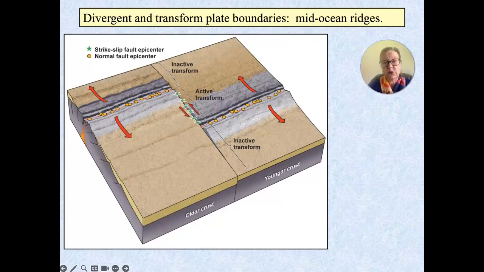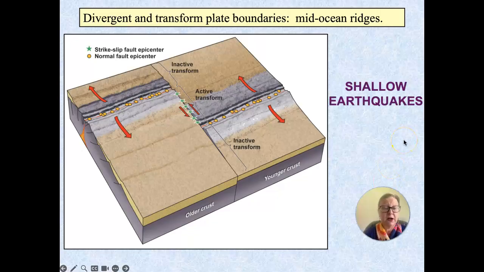So let's look at these earthquakes in terms of how deep they are. This is a divergent plate boundary, a mid-ocean ridge. Remember that earthquakes only occur in lithosphere, and in divergent plate boundaries, the asthenosphere is very close to the surface, and the lithosphere is pretty thin, right? We're creating new crust as it moves apart.